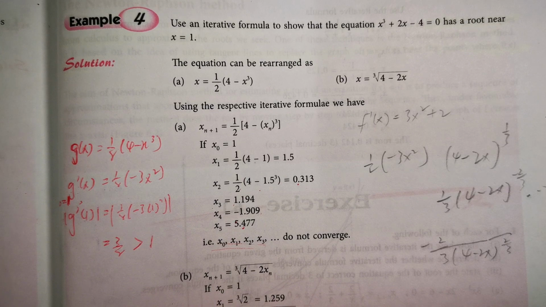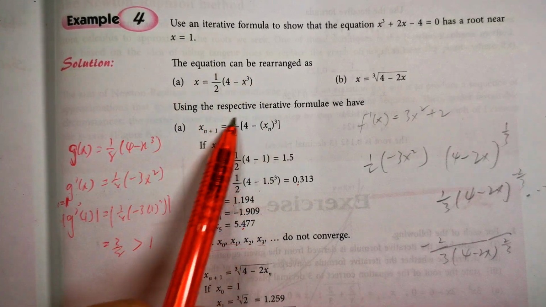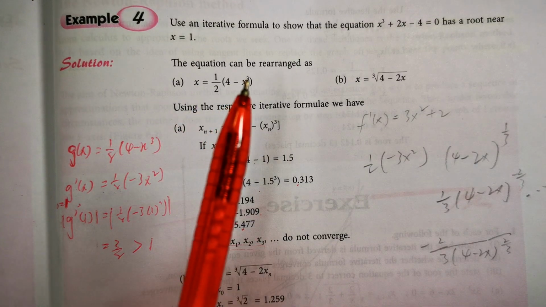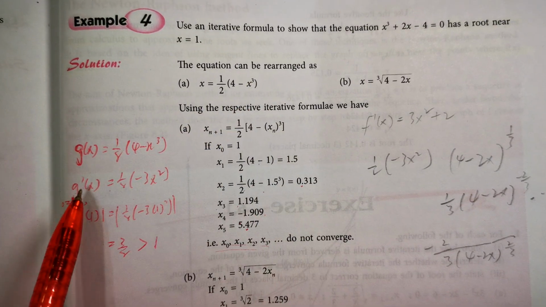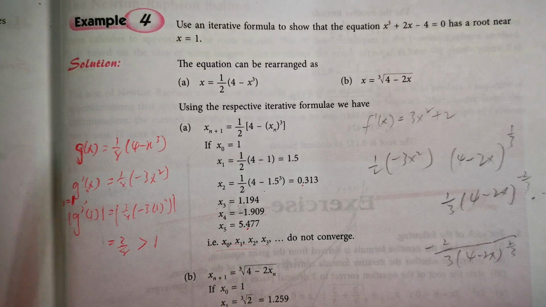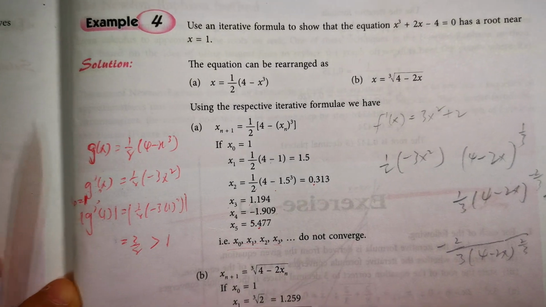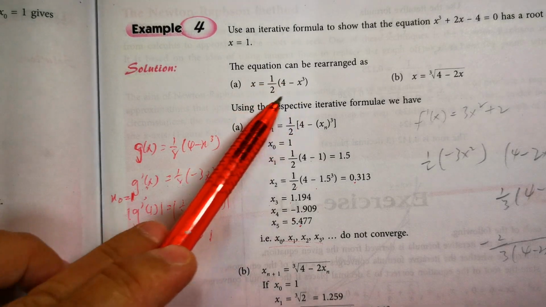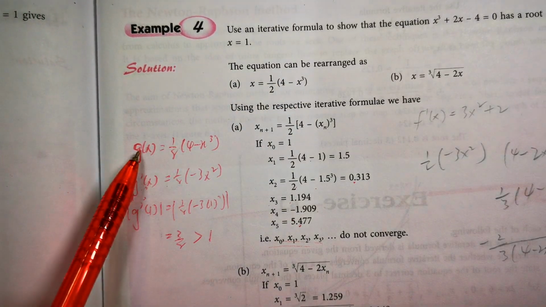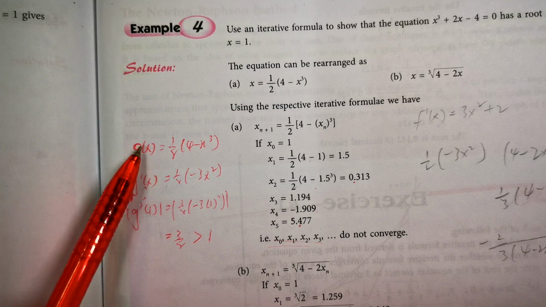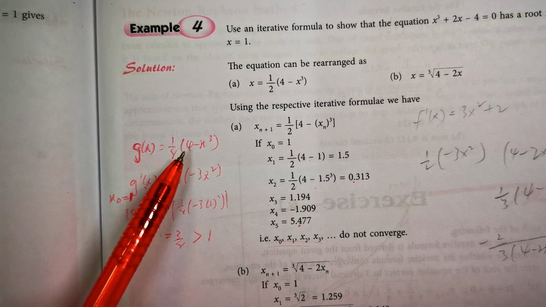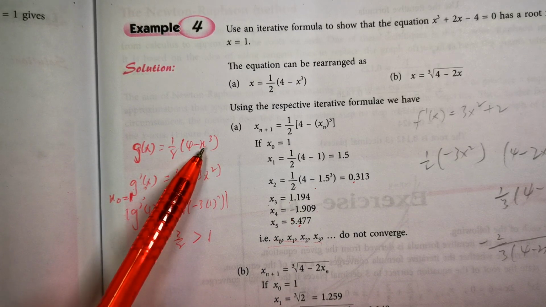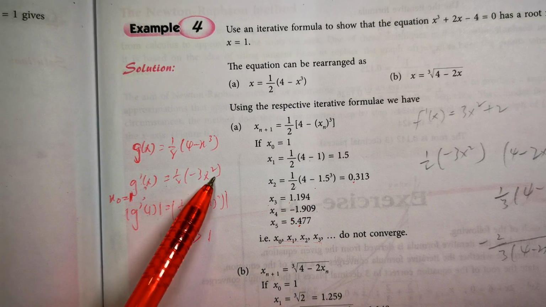Remember what we said: to determine whether an iterative formula can get the answer or not depends on what? Yes, it depends on your g prime x. Let's check this equation. This is g(x), right? I differentiate it. Remember how to differentiate? Coefficient in front, differentiate 4 is 0, differentiate negative x cubed is negative 3x squared.